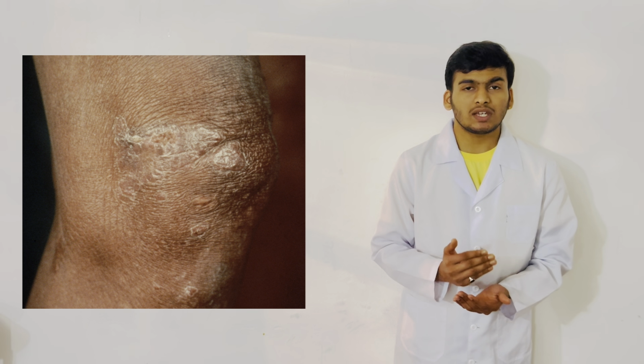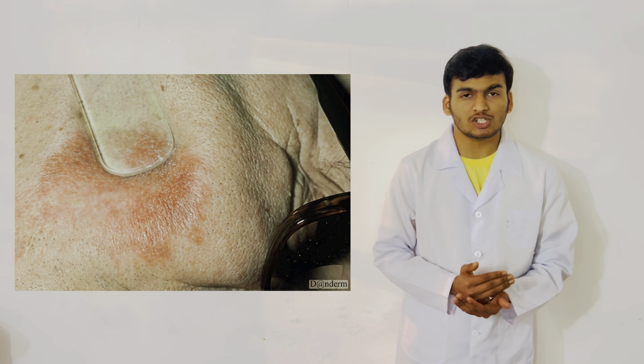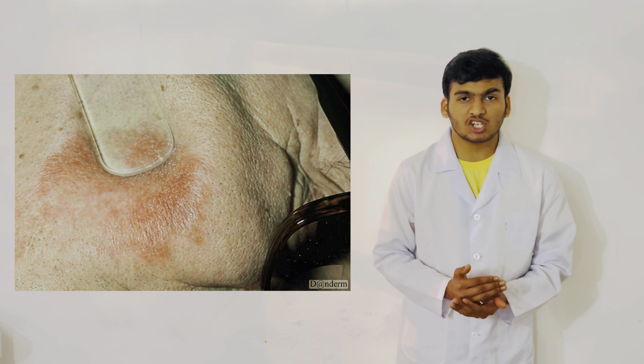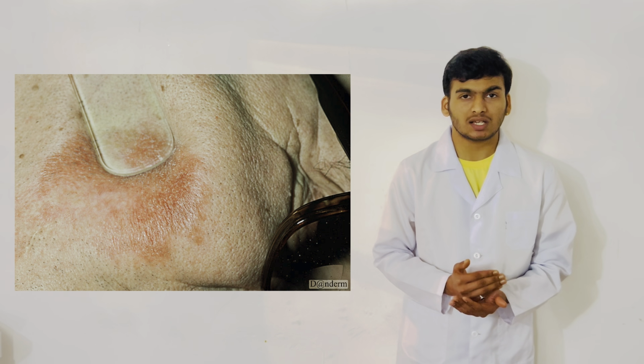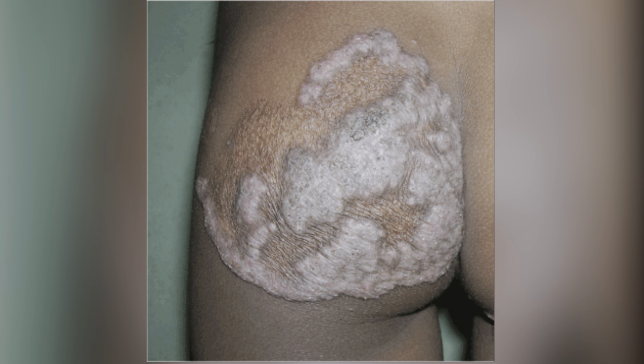In diascopy, it gives a yellowish or brownish appearance, which is actually the granulomatous tissue. As you can see in the image, lupus vulgaris shows erythematous plaques, with erythematous plaques on the external periphery on one side, whereas they show scarring in the center or the opposite side.